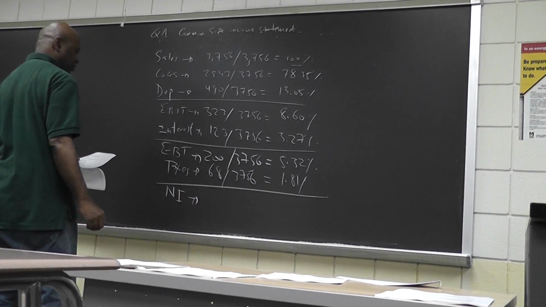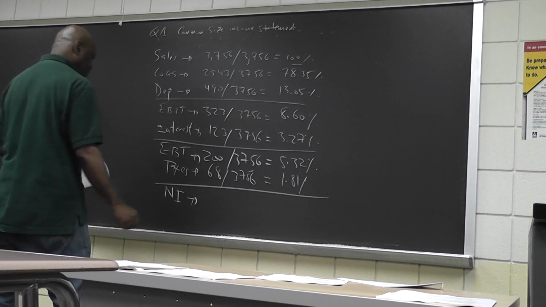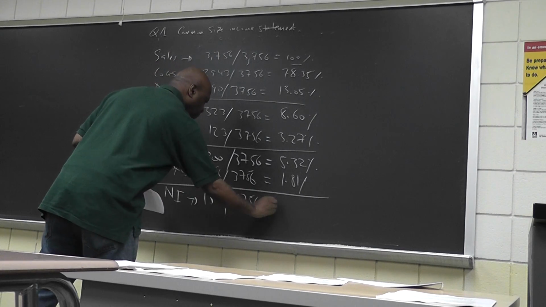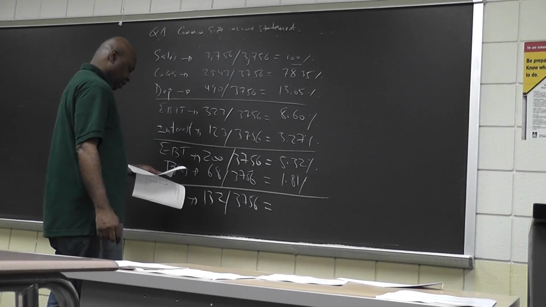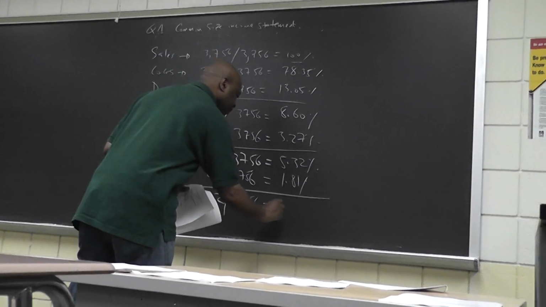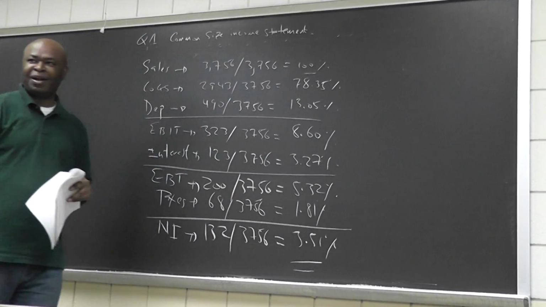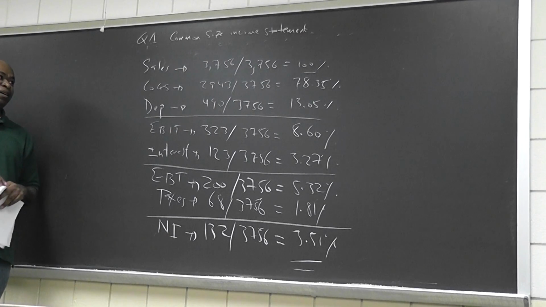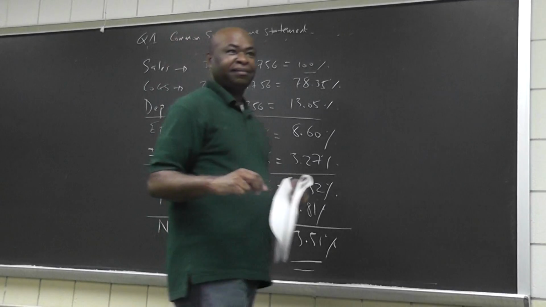Net income here is going to be 132, right? Then divided by 37.56, or it is simply the difference between those two, right? Either way, we get 3.51%. And then we're done. That's our common size income statement. Everything as a percent of sales.